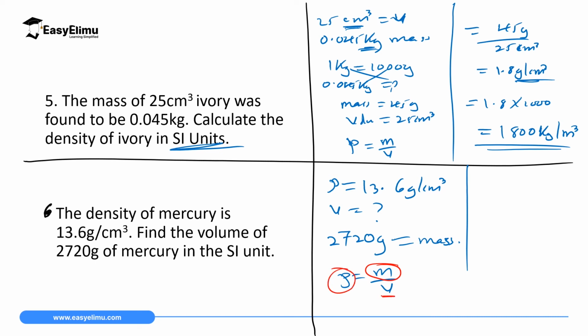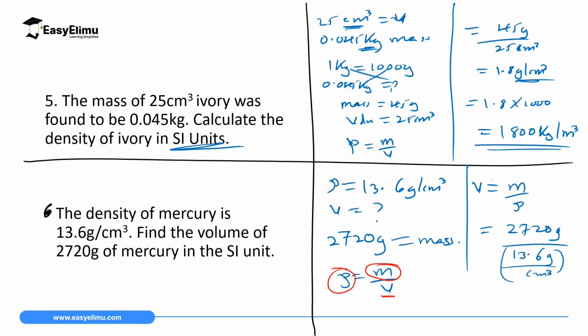Then in this case, our answer will be volume is equal to mass over density, which is going to be 2720 grams over density, which is 13.6 grams per cubic centimeter.